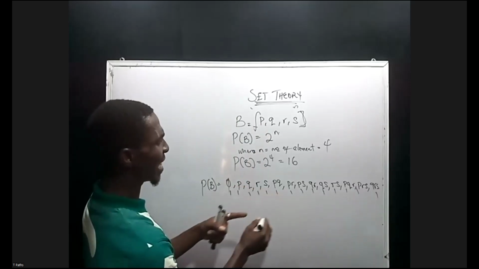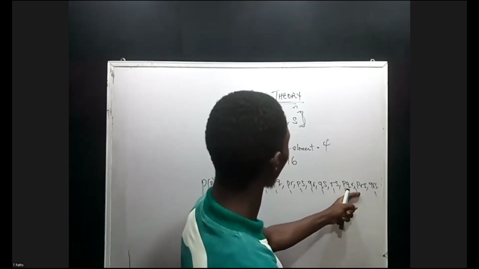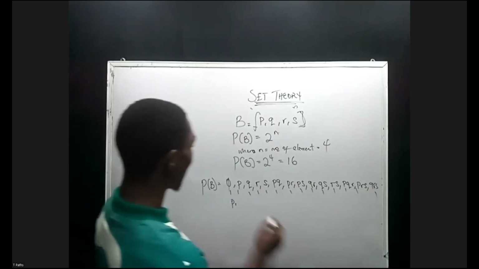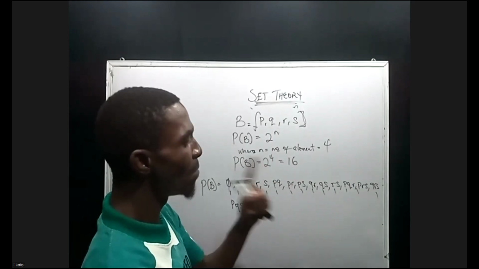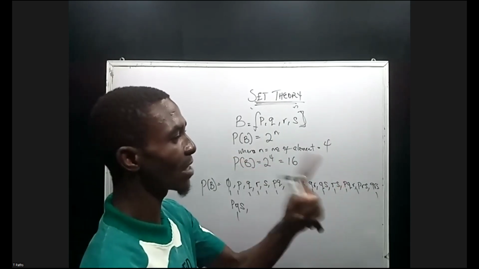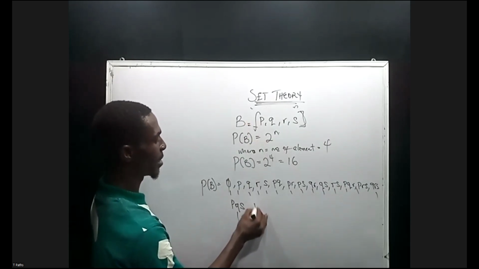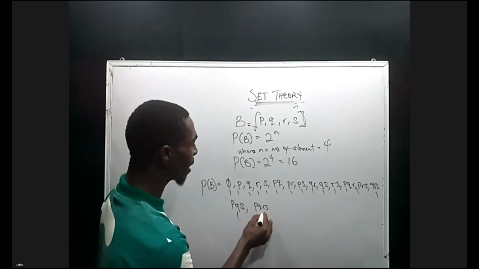Then there is one more, PQS, because I told you there won't be repetition. So this is the 15th. Then the last subset that you can form is the complete set, PQRS.